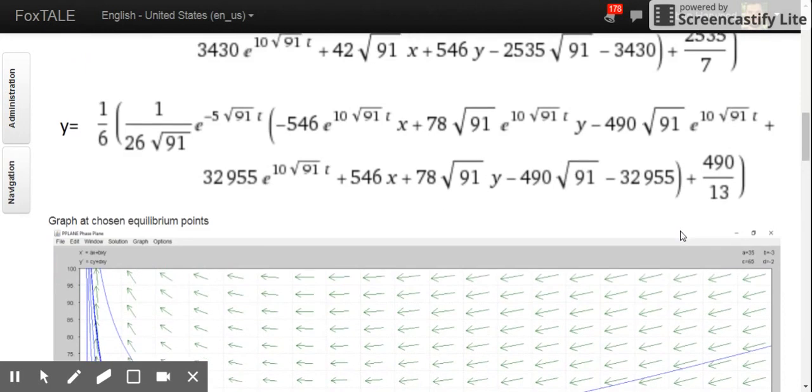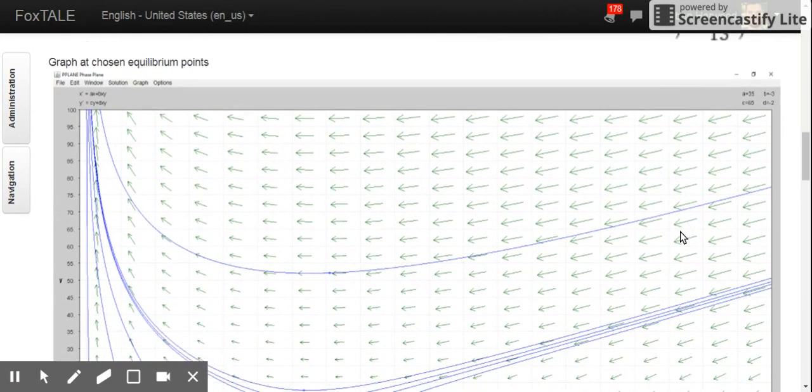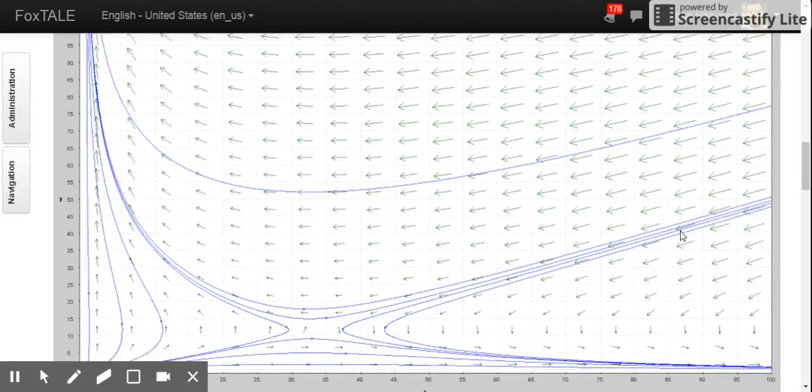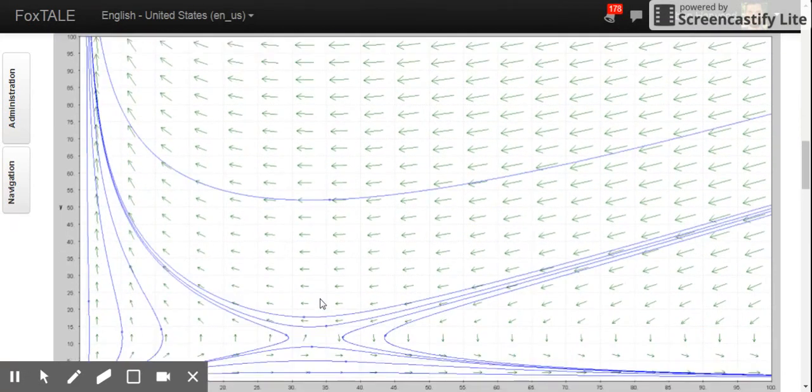And when it is graphed at our original chosen equilibrium points of 35, 65, negative 3, and negative 2, we have a source at 0, 0, and then we have a saddle right here, which is down on our work area.